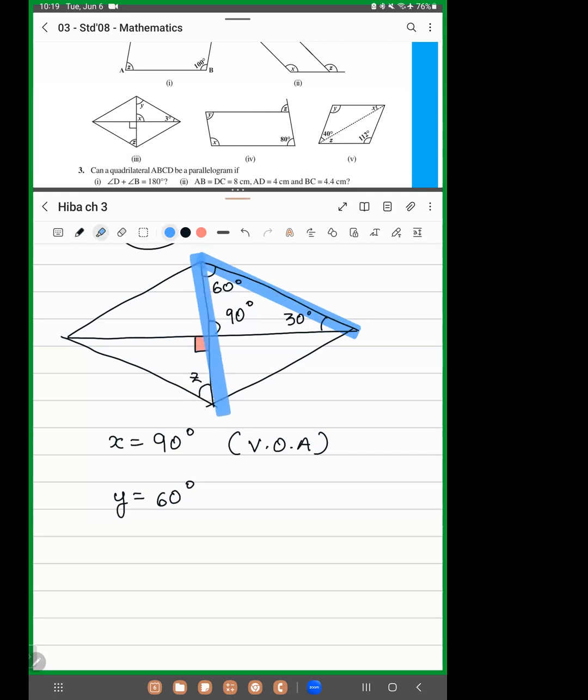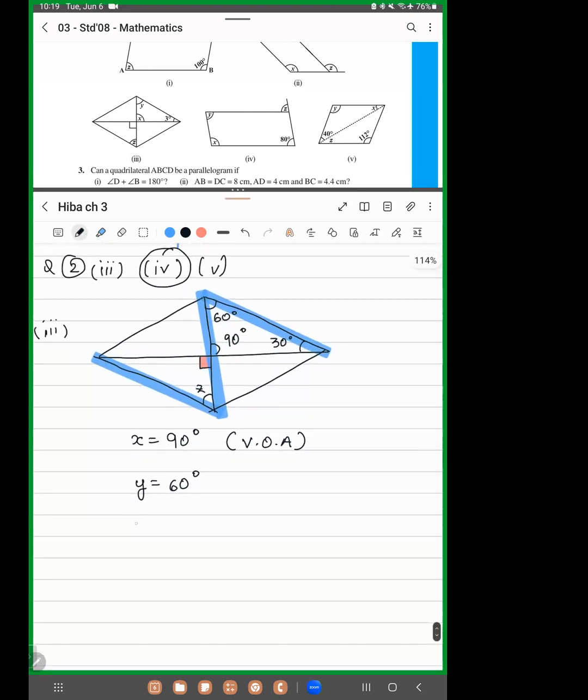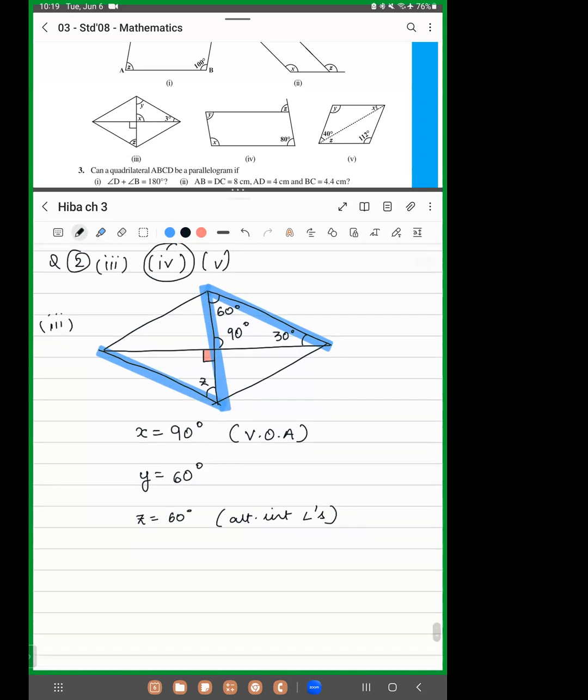Very good. Alternate interior angles. Very good, Hiba. So Z is equal to Y because alternate interior angles. Okay. So you solved the entire question. I didn't even help you.